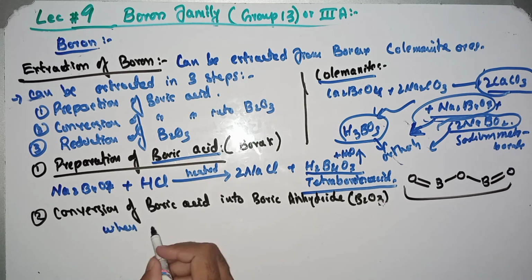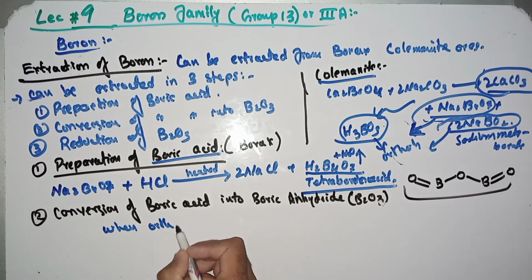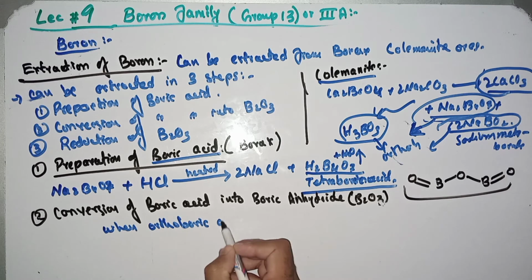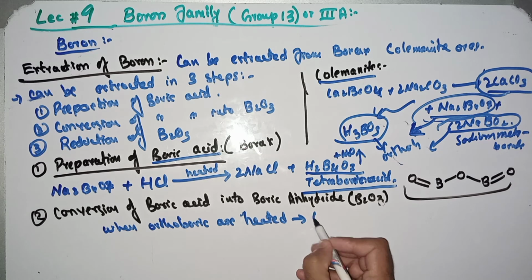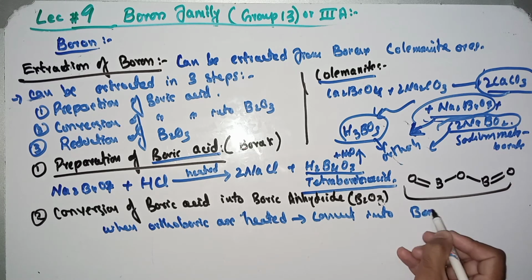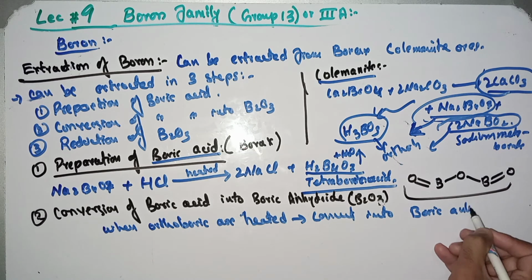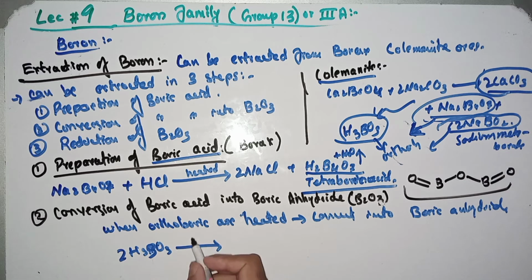When H3BO3, orthoboric acid, is strongly heated, it directly converts into boric anhydride. That is, H3BO3 directly converts into B2O3 plus 3H2O when strongly heated.